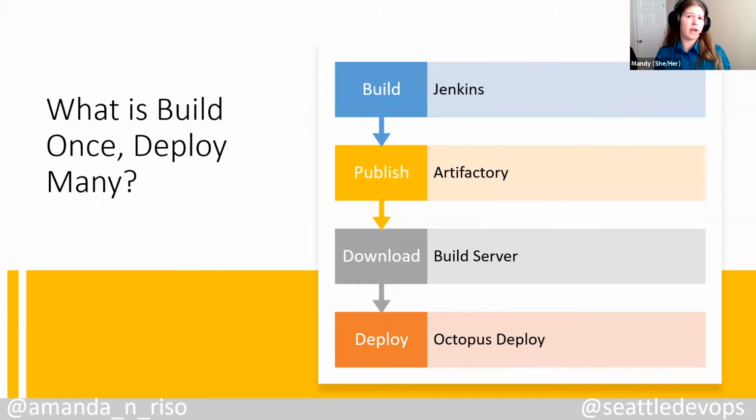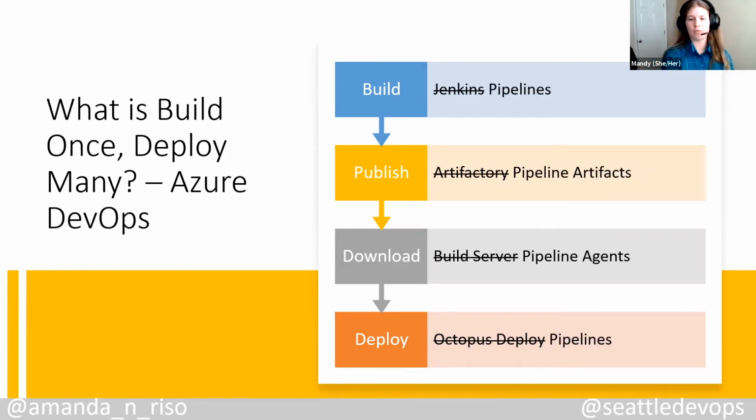A more traditional way of doing this is with multiple different applications. You typically have Jenkins as an application that you'd use to build your artifact, and then you'd put that artifact into JFrog Artifactory, and then you download the artifact into the build server, and then you would deploy it with something like GitLab or Octopus Deploy. With Azure DevOps, everything is handled within one pipeline, which I think is really great.